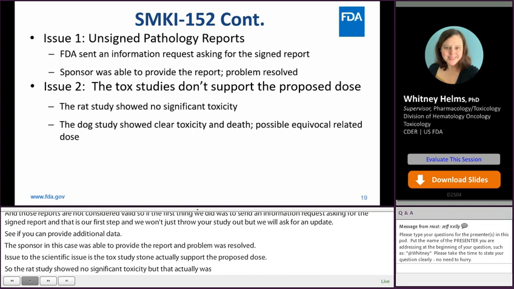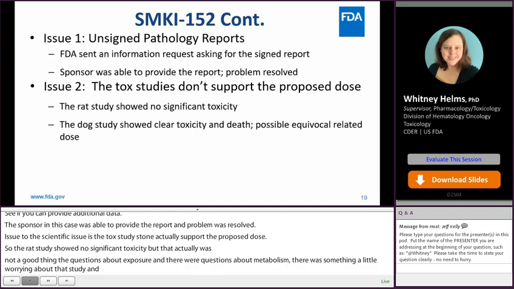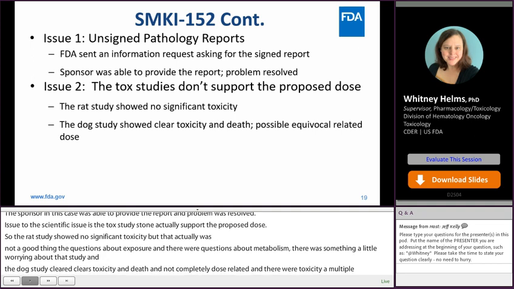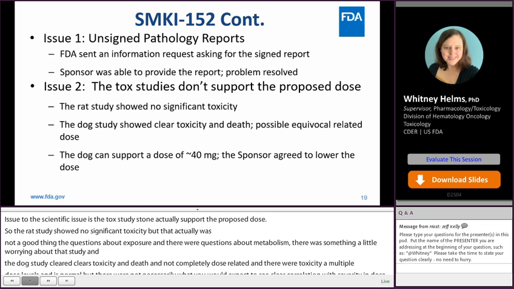There was toxicity at multiple dose levels, which is normal, but they were not necessarily what you would expect to see: a clear correlation with severity and dose. However, there was an HNSTD, and the dog could support a dose of about 40 mg. So this was sent.